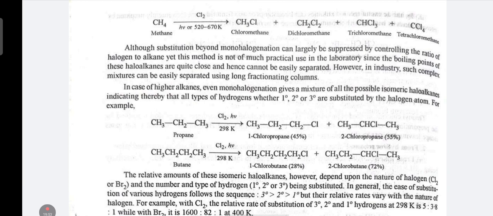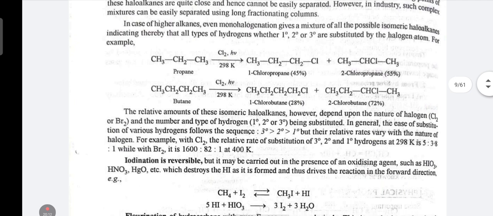However, in industries, such a complex mixture can be easily separated using a long fractionating column. In the case of a higher alkane, monohalogenation gives a mixture of all possible isomeric haloalkanes, indicating thereby that all types of hydrogens, whether primary, secondary or tertiary, are substituted by the halogen atom.